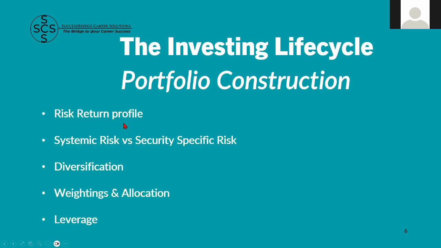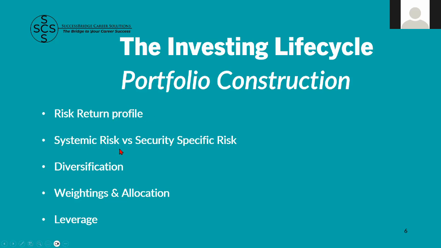Now, another thing that you look for is the risk return profile. There are specific financial theory models that help you analyze what the risk return profile of the portfolio is, and how you weight each security so that you get your desired risk return profile.